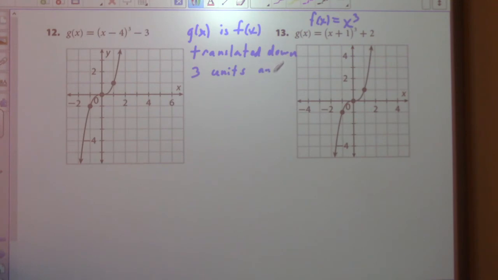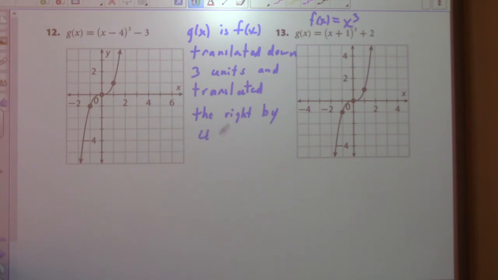Translated. To the right. Thank you, Chastity. Okay, to the right by how many units? By 4 units.